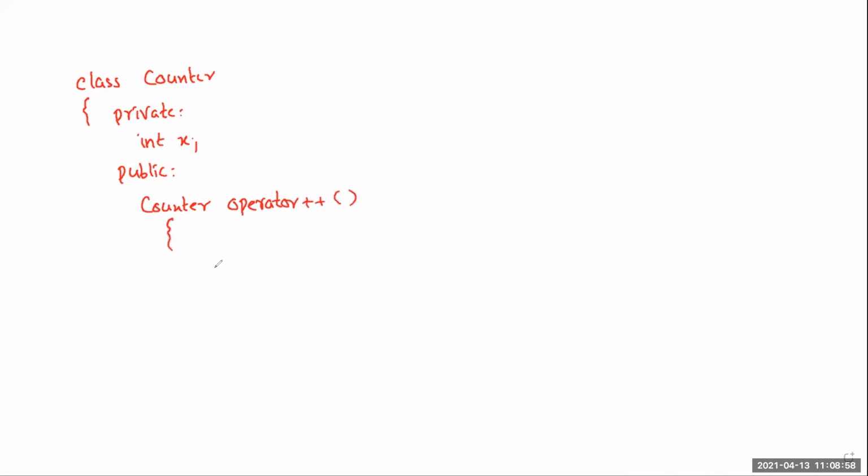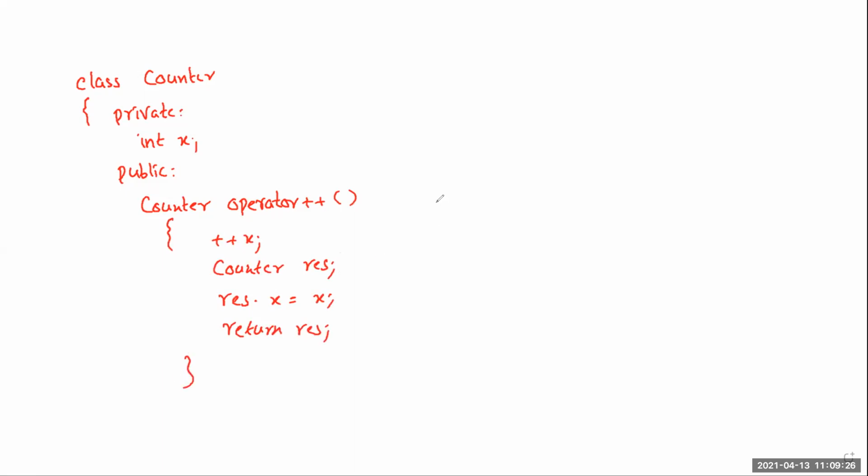Now in this case, this is the prefix version. So what we do, we first increment X, and then we use the incremented value in the result. So I make an object counter result, and I write result dot x is X, and then I write return result. So this was already happening.